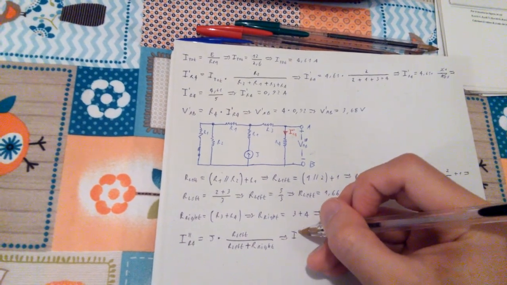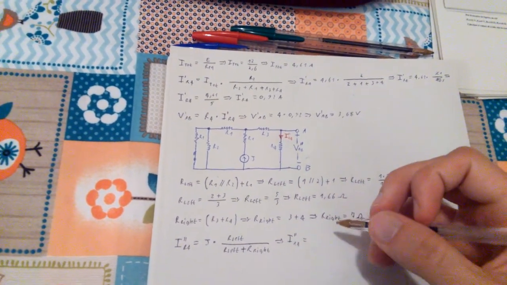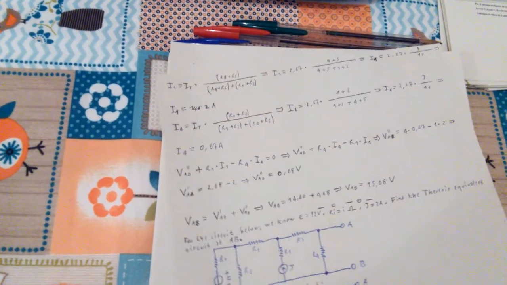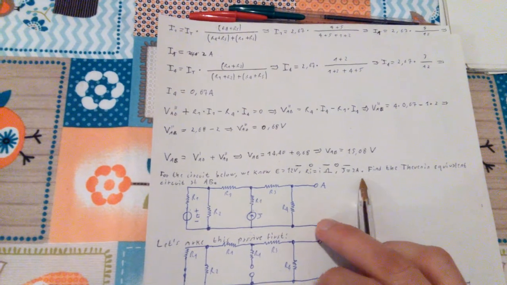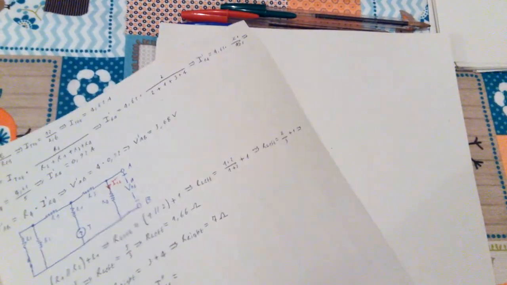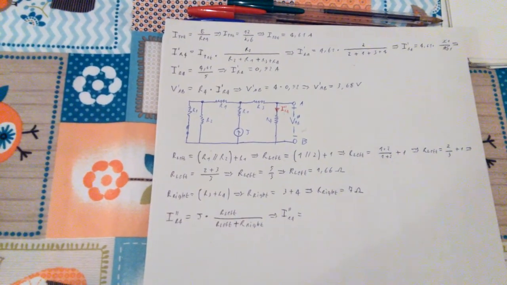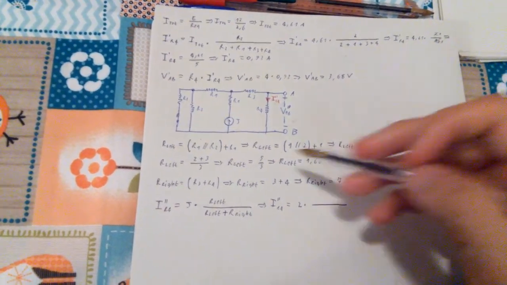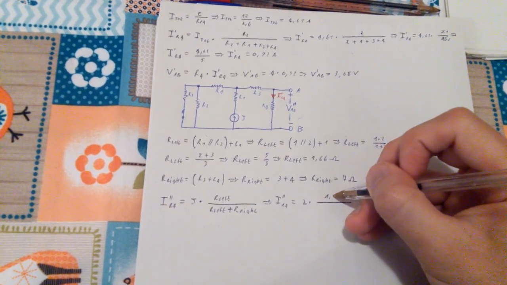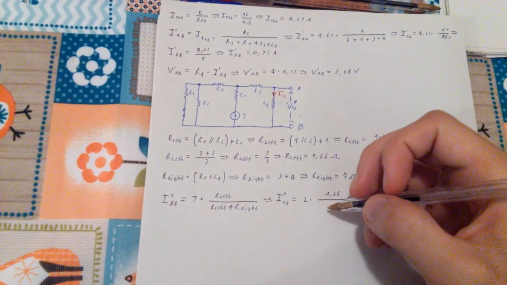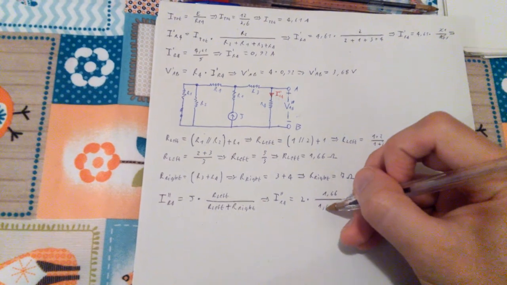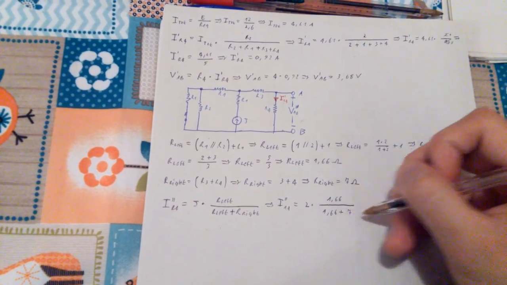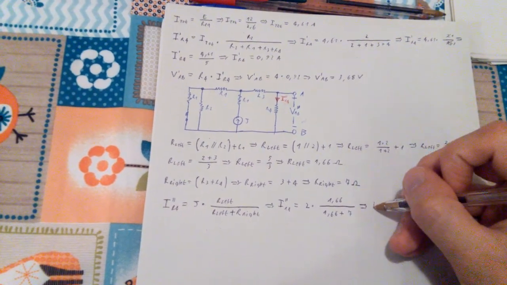So I second R4 is actually J, which was, I don't remember, okay, 2 amperes. Yeah, the problem was giving us J, so it's 2 amperes times R left, which we have just found, 1.66 ohms, over R left, so again 1.66, plus R right, which was 7 ohms.